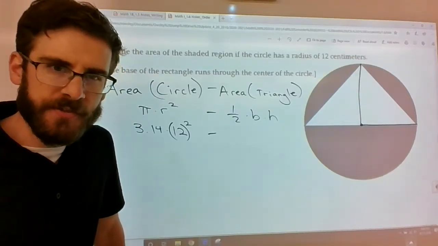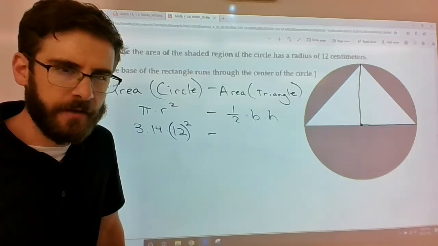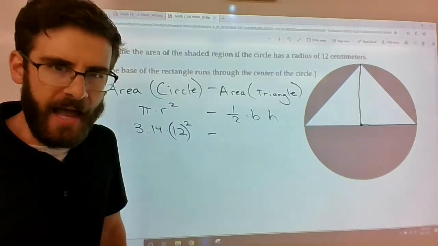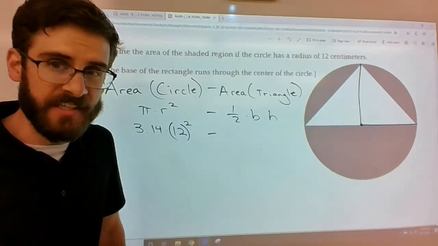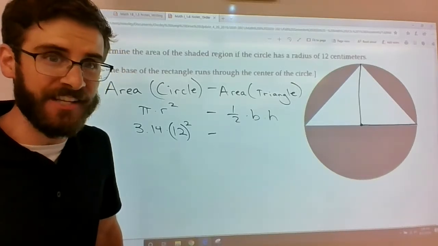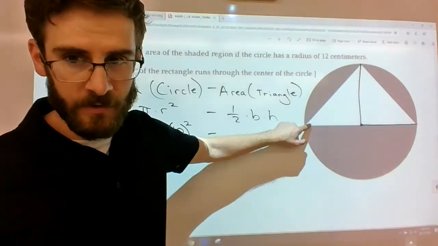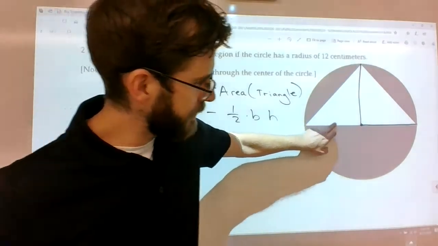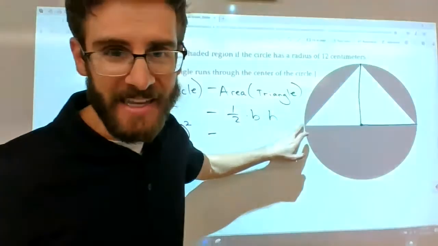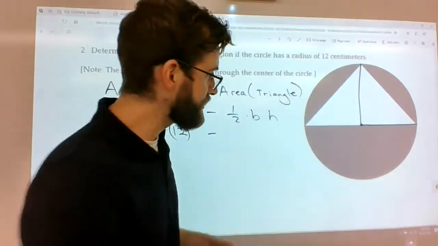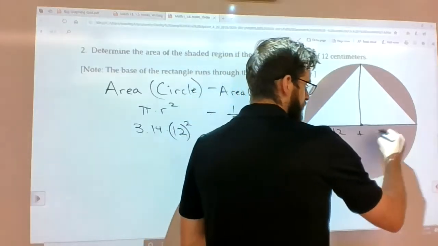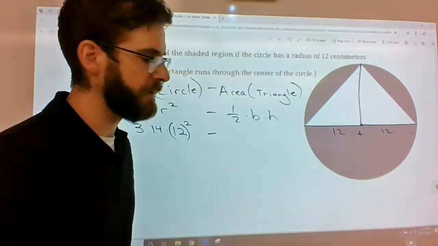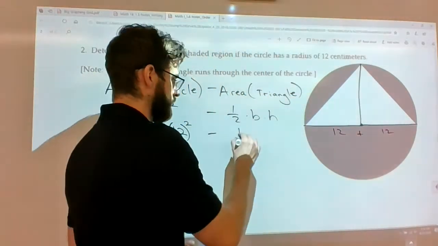But think about this. What does a radius represent? The radius represents half the distance of the diameter. What is the diameter as it relates to this triangle? It's the whole base. The base is 12 plus 12. The base is 24.